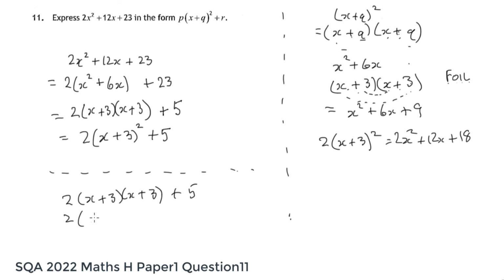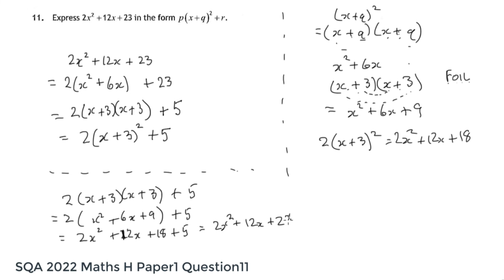So we'll have two lots of x squared plus 6x plus 9 plus a 5. And that gives us 2x squared plus 12x plus 18 plus 5. And that 18 plus 5 gives us the 23 that we wanted. So we end up with the expression that we started.